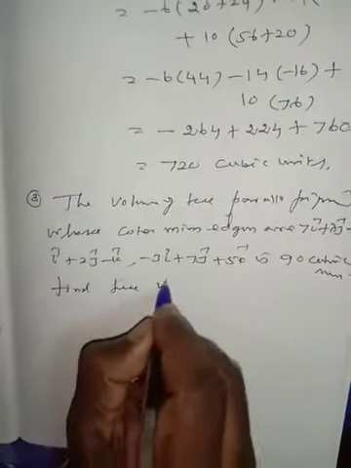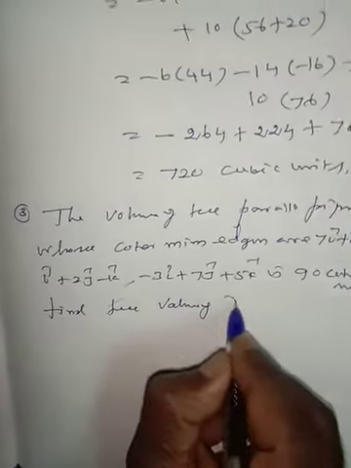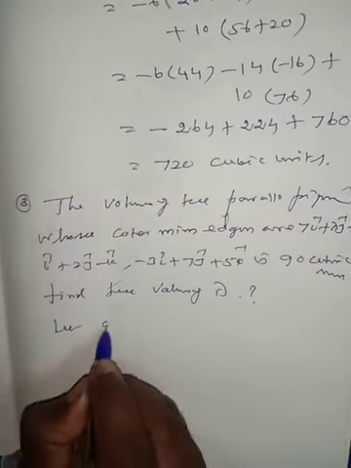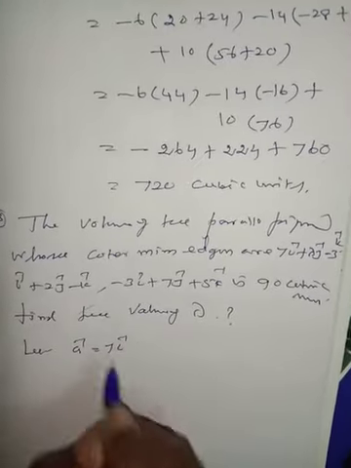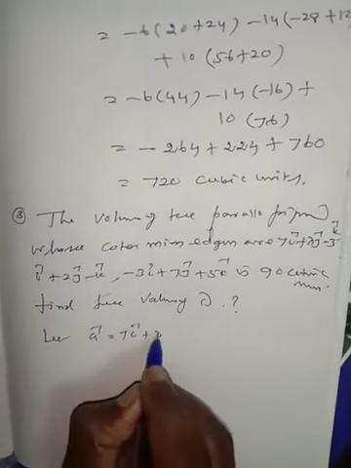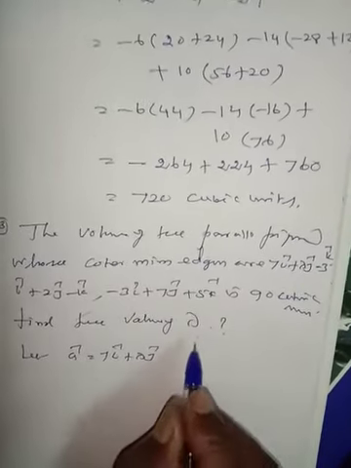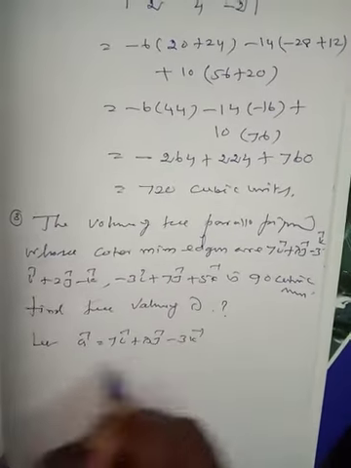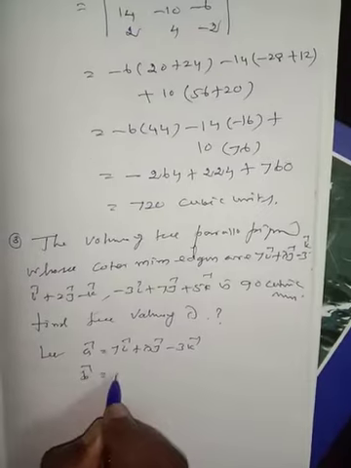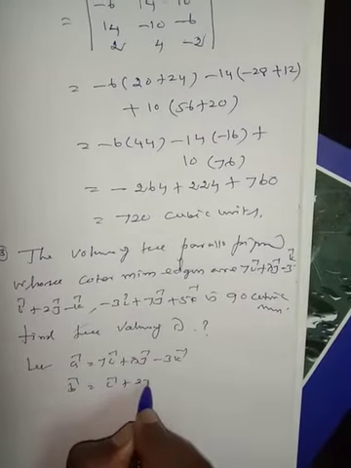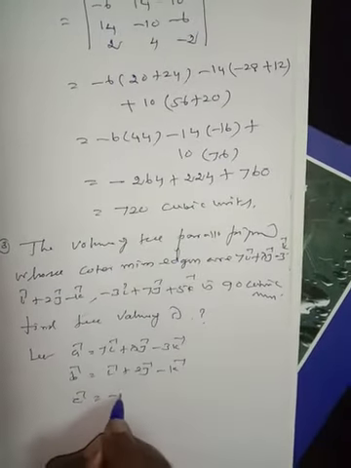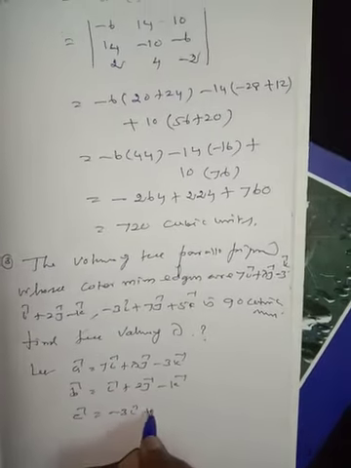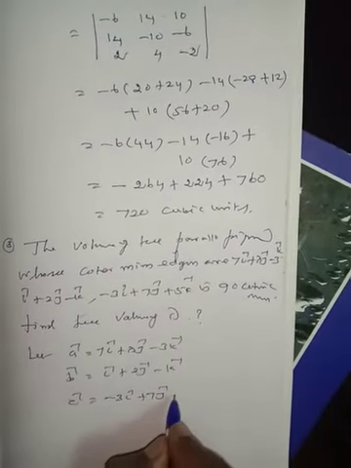Let the first vector a = 7i + λj - 3k. The second vector b = i + 2j - k, and c = -3i + 7j + 5k.